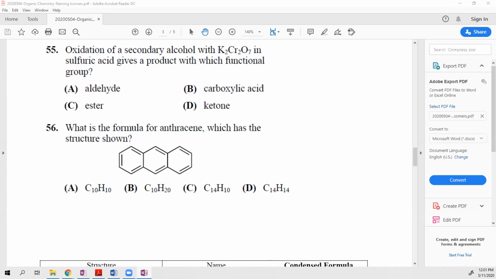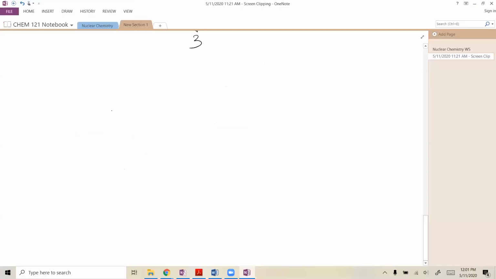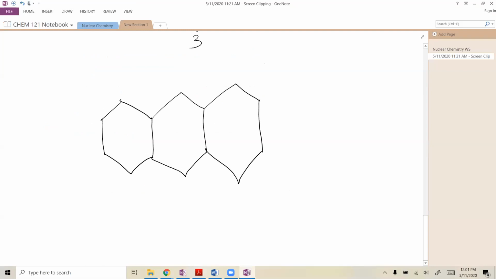So if we look at our drawing, they are sharing some carbons. So it's not like it's 6, 6, and 6, right? So the first one we count is 6. Then we have 7, 8, 9, 10, 11, 12, 13, 14. And then from there, we had some double bonds.